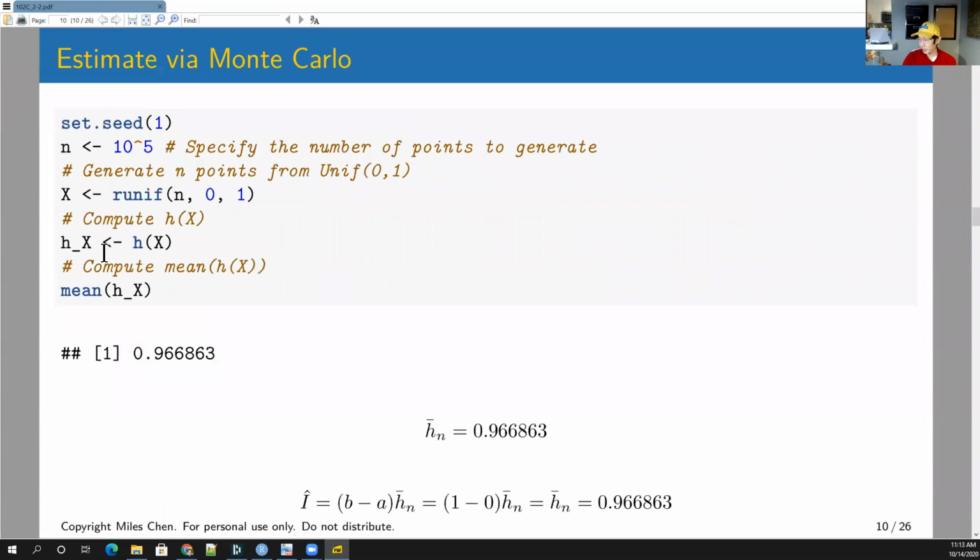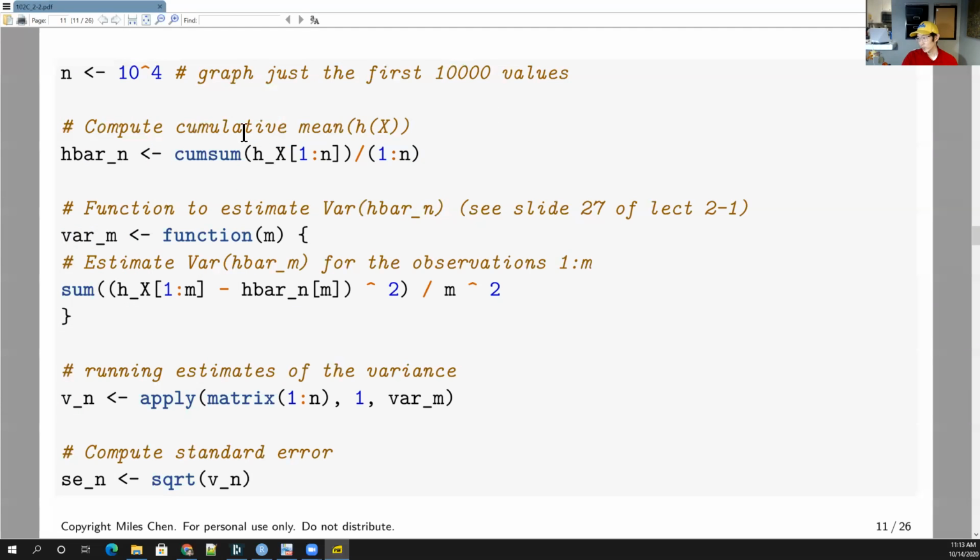I'm not going to recalculate any of these. So this h underscore x is still a vector of 100,000, but I'm only going to look at 1 through n, which will be the first 10,000 values. And here I'm going to get the cumulative sum, and then divide by this vector 1 through n. So I'm going to get a vector of a running mean.